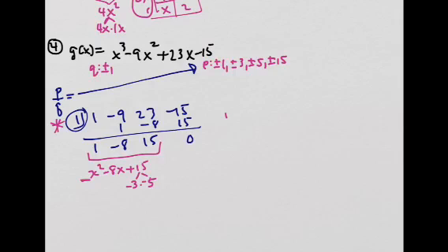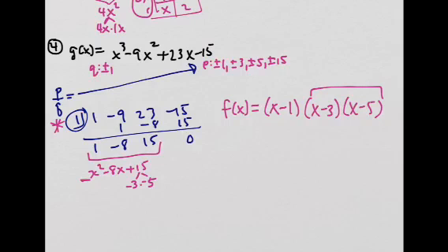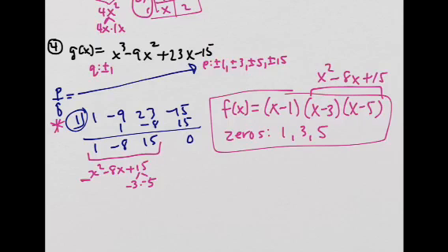So this one's going to be f of x equals x minus 1, and that x minus 1 comes from here, and then x minus 3 times x minus 5. And this comes from x squared minus 8x plus 15. So the zeros are 1, 3, and 5. And that's what you have to write as an answer.